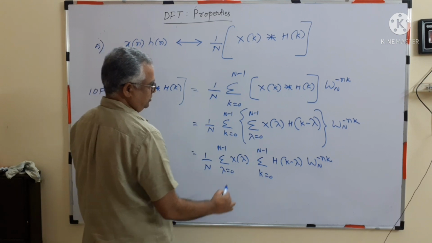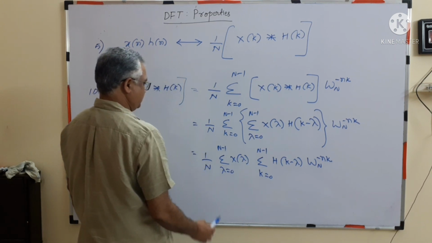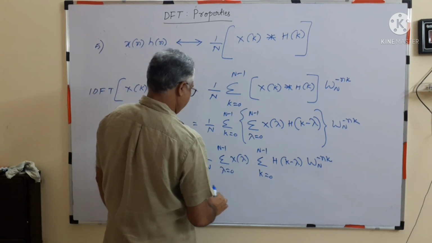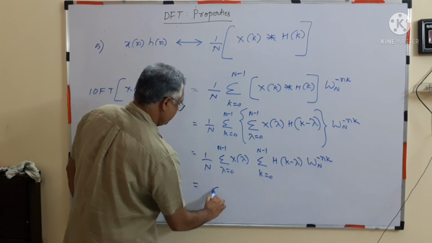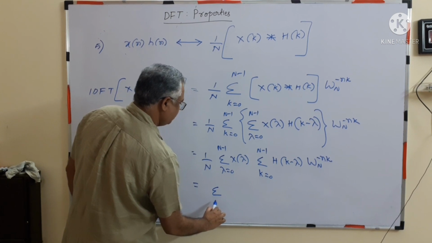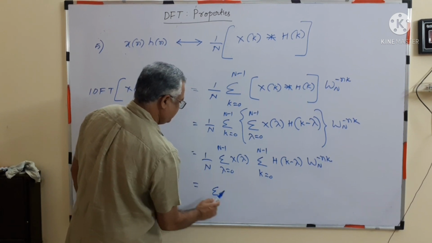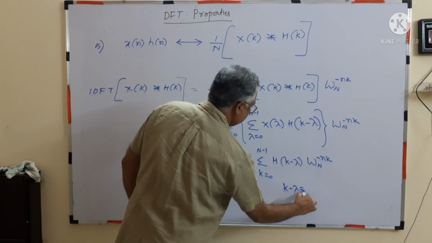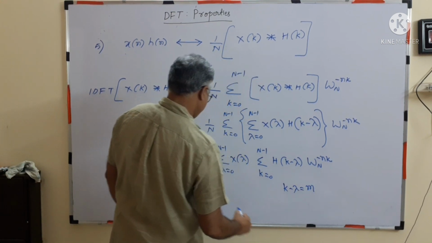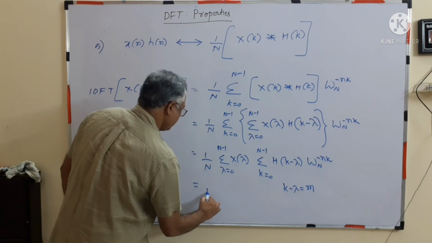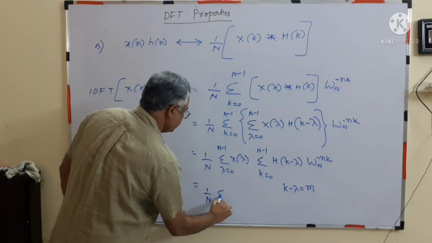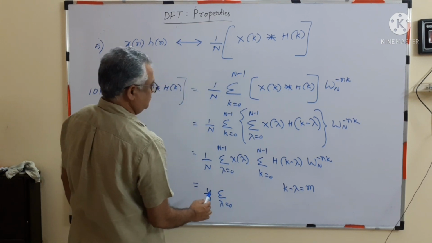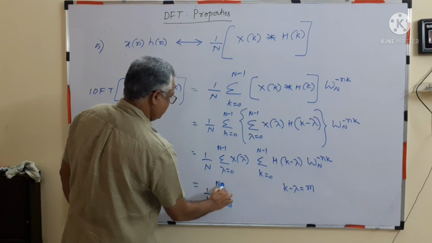Okay. Now k minus lambda equal to m. 1 by N, sigma lambda equal to 0 to N minus 1.